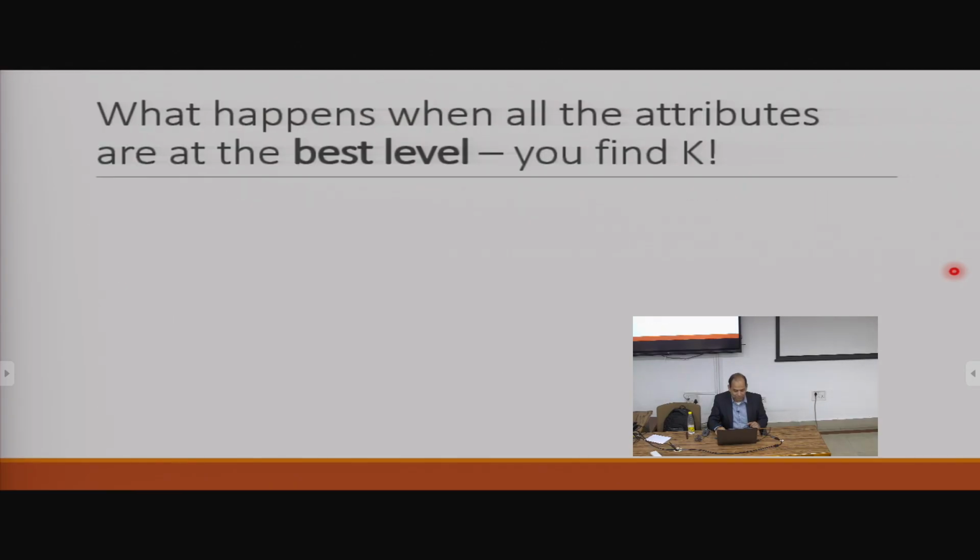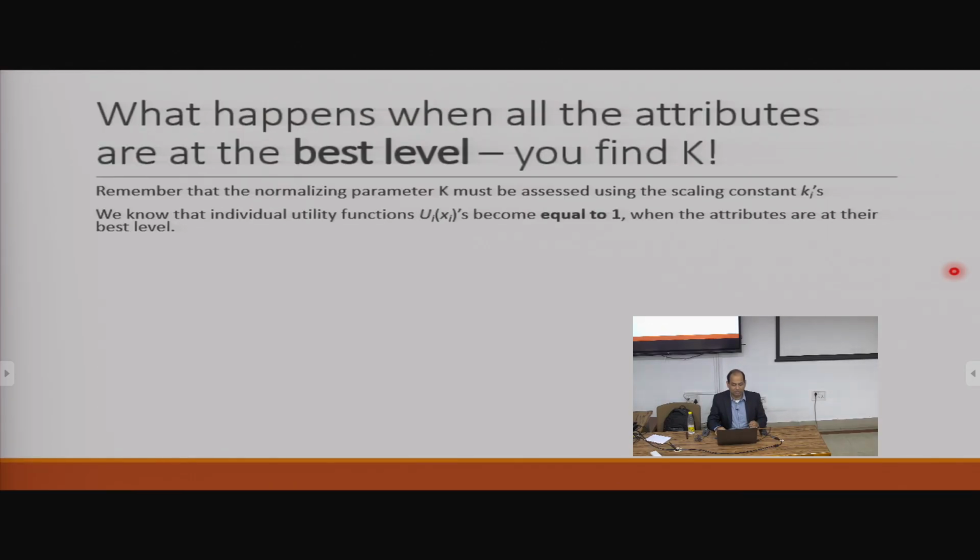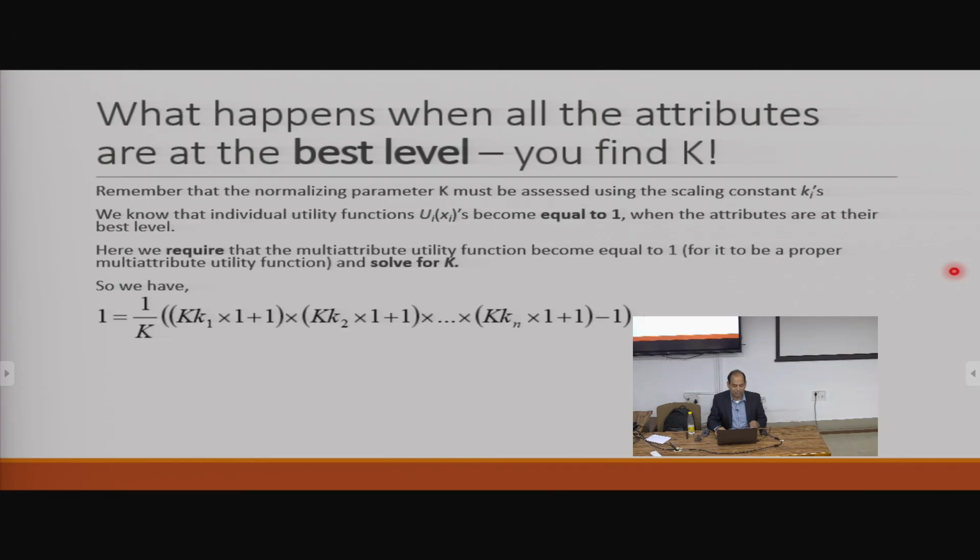Okay. And then when all the attributes are at the best level, you can use that to find K, right? If all the attributes are at the best level, 1, 1, 1, simplifying, you get a polynomial in K, because k1, k2, k3 are known, so you just get a polynomial in K, solve for it, and then you go from there.